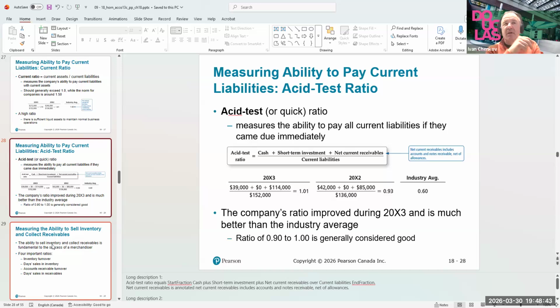Why is inventory not part of this ratio? How do you know which assets are easily convertible to cash? Once you see the nature of the assets, you're going to see it. It has to be short-term investment. Can you think about it for a second?